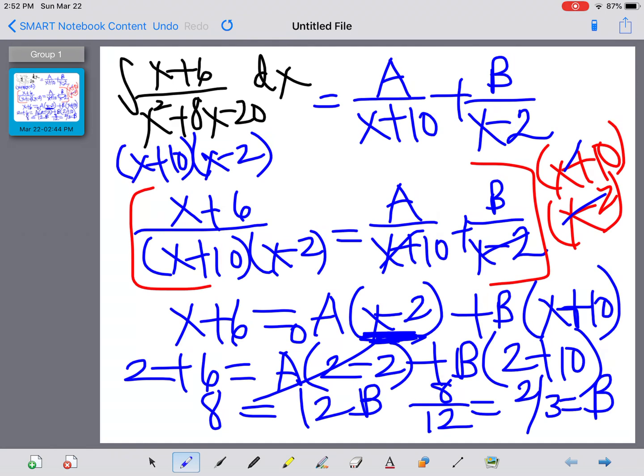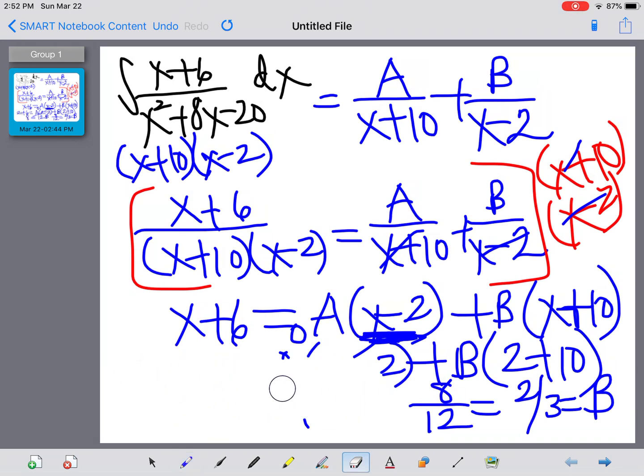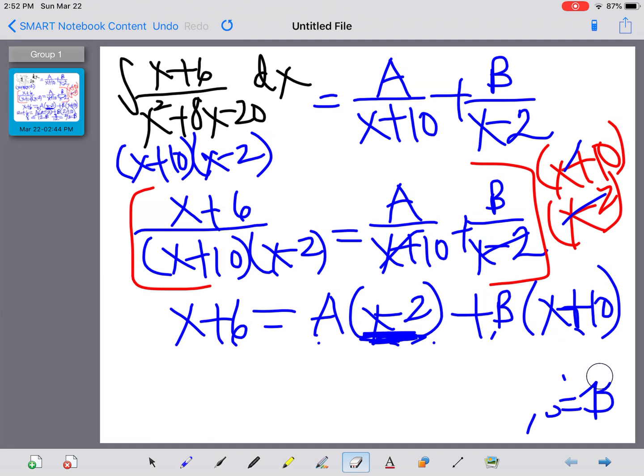Let's do the same thing to find A. So let me erase all of this and we'll focus on using the other 0. Now, second parentheses, what would make that binomial 0 is when x is negative 10. So this time around, everywhere you see an x, plug in negative 10.